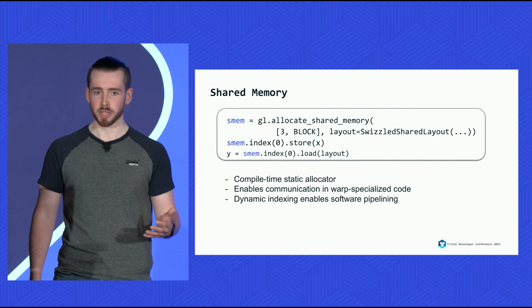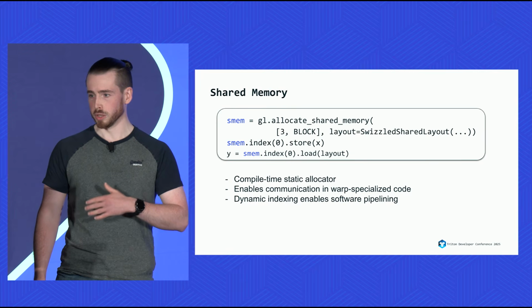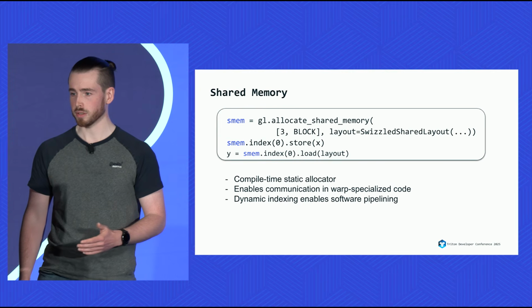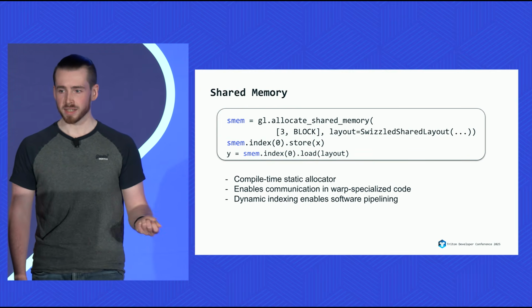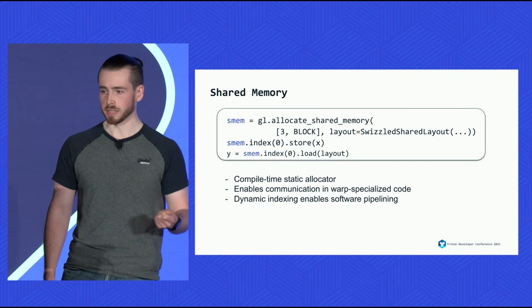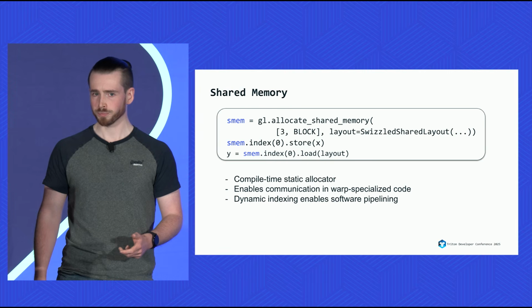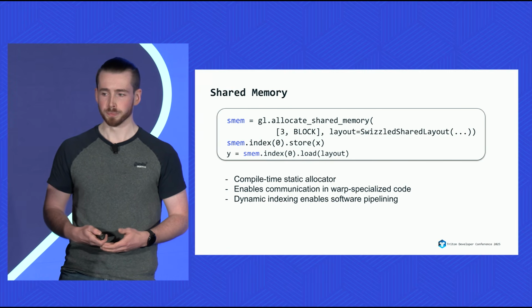If you're doing something that might use stmatrix or ldmatrix, our compiler will generate that automatically and figure out the best instruction sequence. We also have support for dynamic indexing just on the leading dimension, but this allows for explicit pipelining and all those various optimizations that you might want to do.